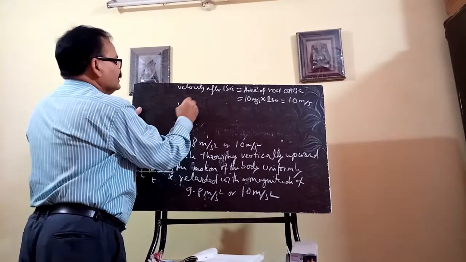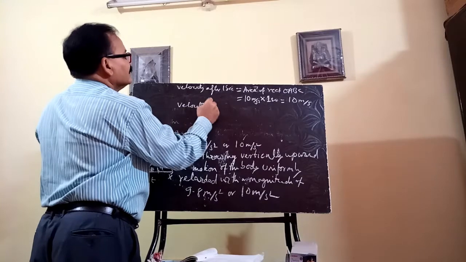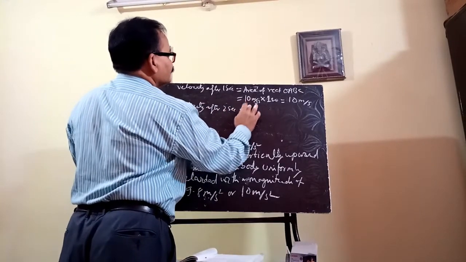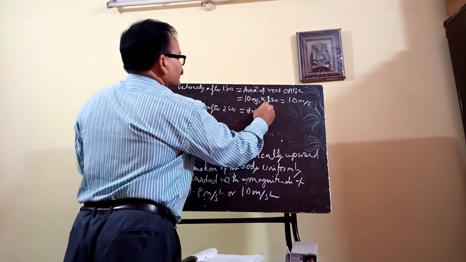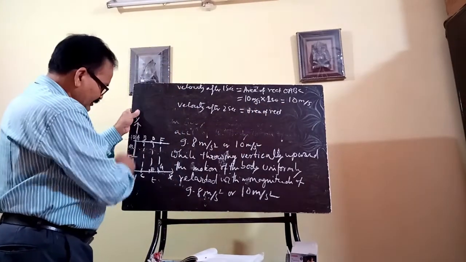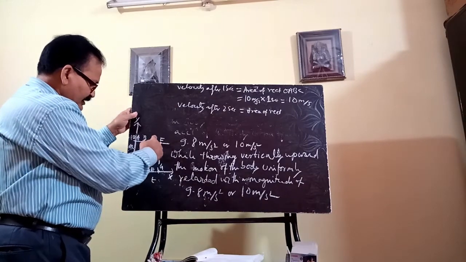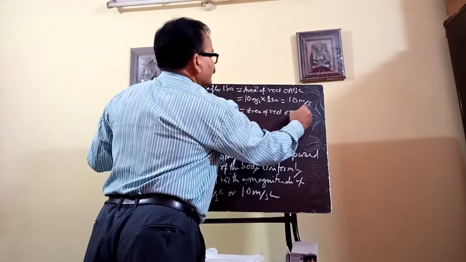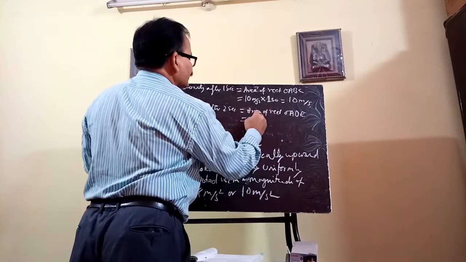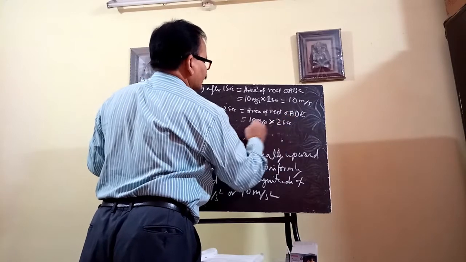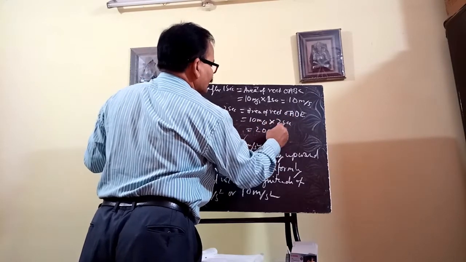Similarly, velocity after 2 seconds is again the area of rectangle OADE. So this is your 10 meter per second square and time is your 2 seconds, so this is 20 meter per second.